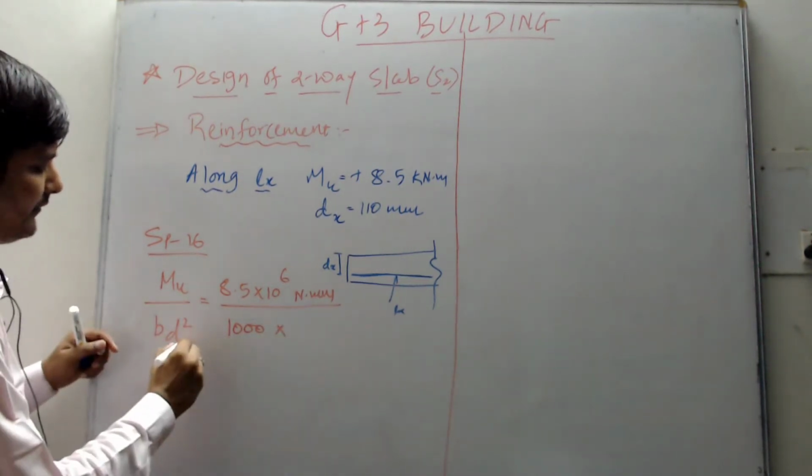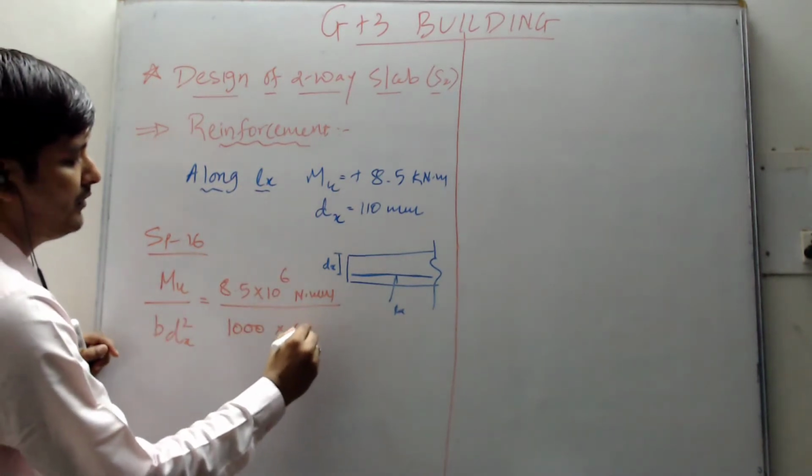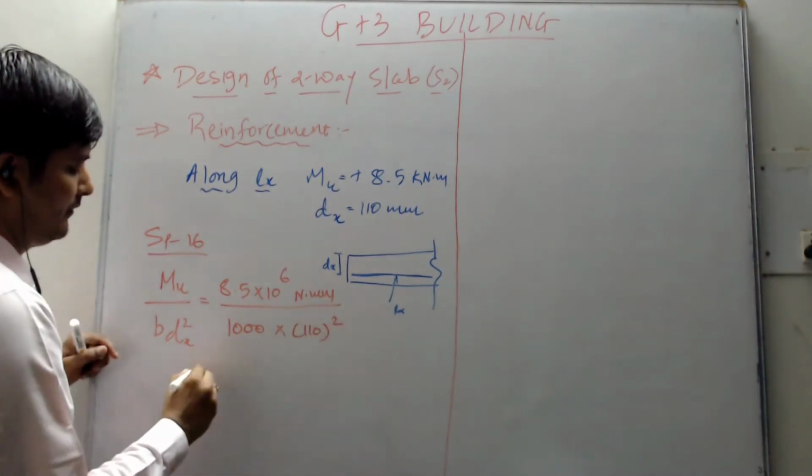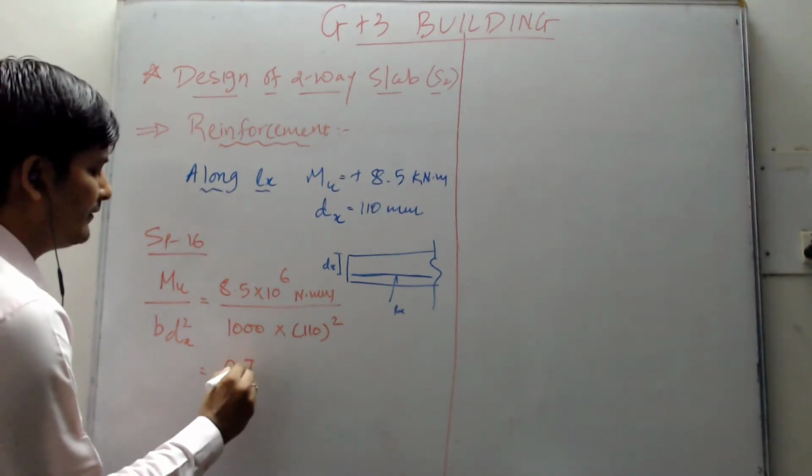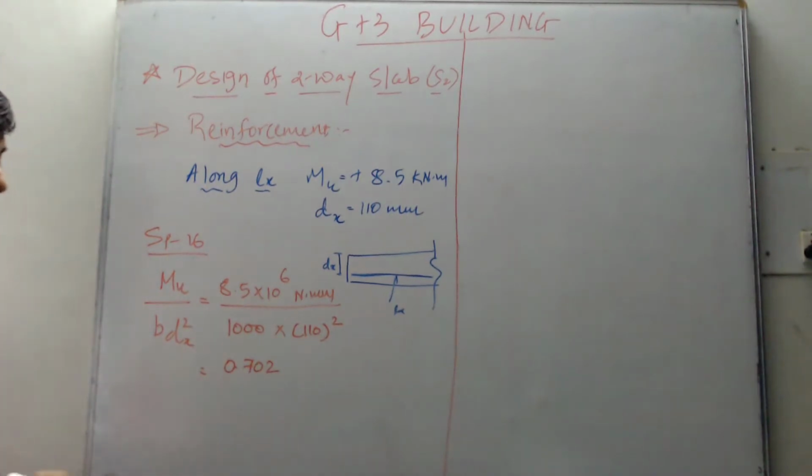Here it is dx, so it is 110 square. So quickly calculating this value, as per my calculation I am getting the answer as 0.702. 0.702 is my Mu divided by bd square.